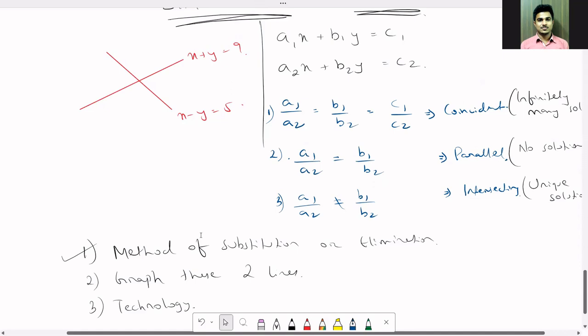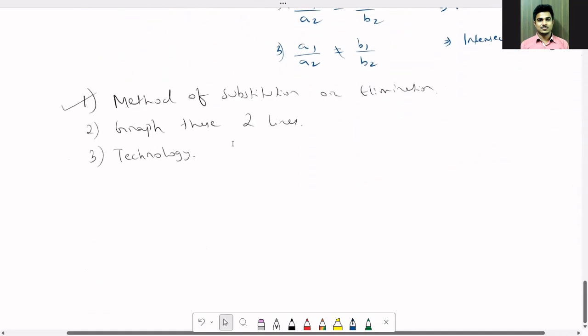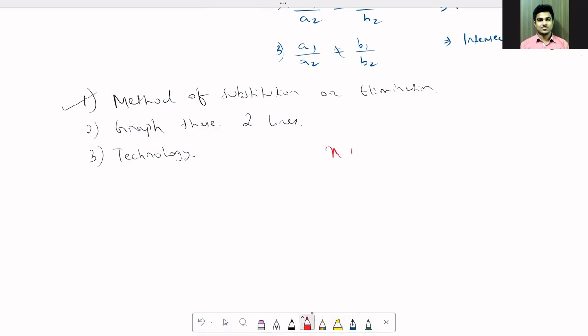So solving the same question that I have written here, x plus y is equal to 9 and x minus y is equal to 5. So what I need to do is make sure that I cancel at least one thing. So let me add these two equations.